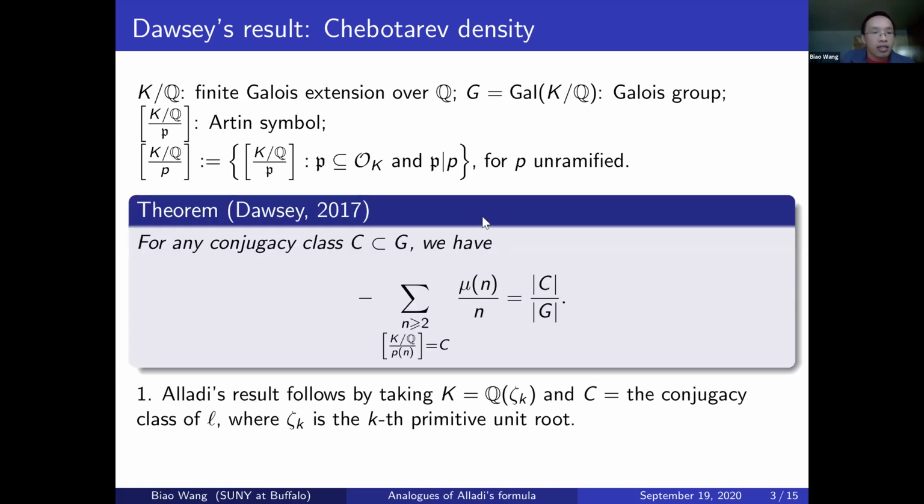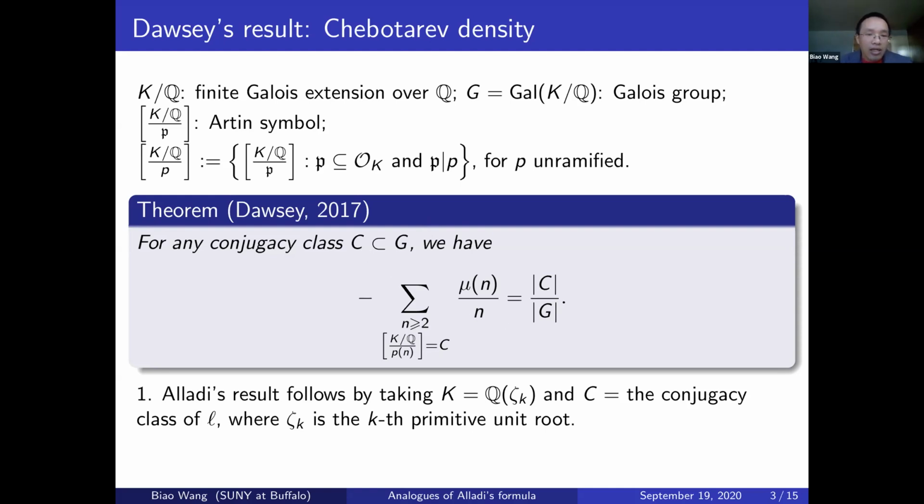And Dawsey proved that for any fixed conjugacy class C, the following restricted sum would be the Chebyshev density. So here the restricted sum is over the collection of Artin symbols equal to the fixed C.